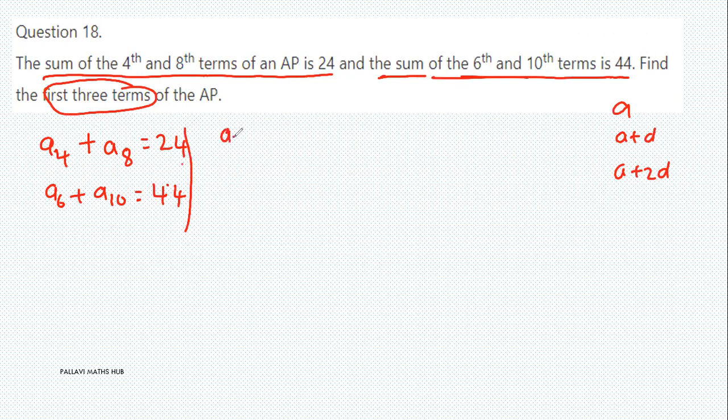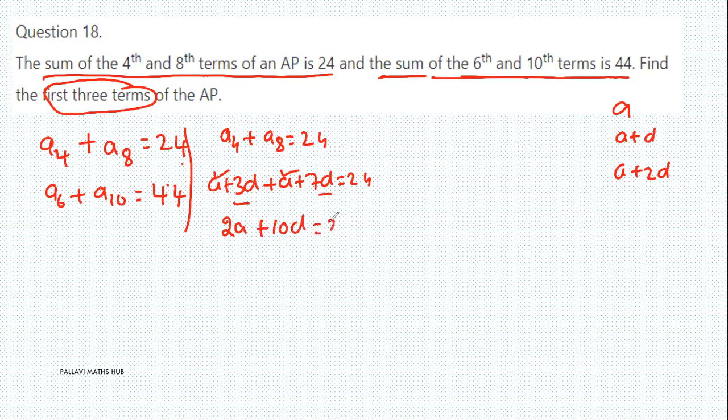First, take down the first equation. A4 plus A8 is equal to 24. A4 means what? A plus 3D. A8 means what? A plus 7D is equal to 24. A plus A is 2A. 3D plus 7D is 10D is equal to 24. I call this equation 1. Next, I'm checking the second equation. A6 plus A10 is equal to 44.